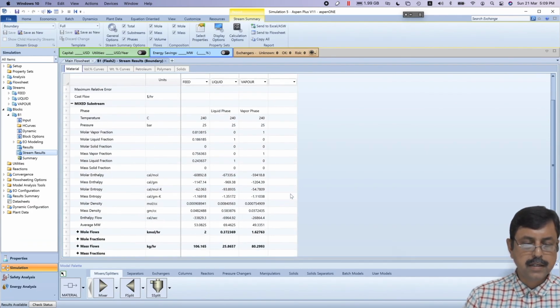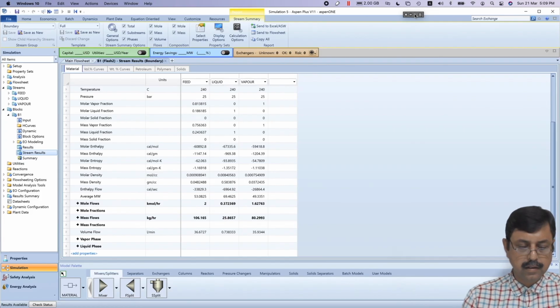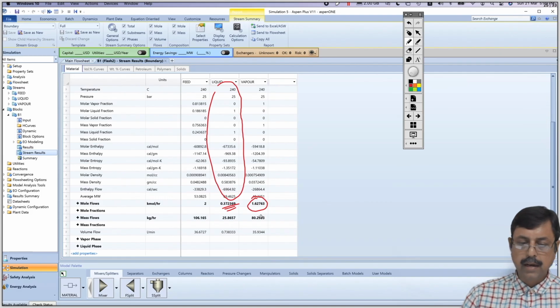Here you will find what the vapor fraction is. Vapor fraction is 1.62763. So the liquid is not going completely dry this time. And what is the amount?